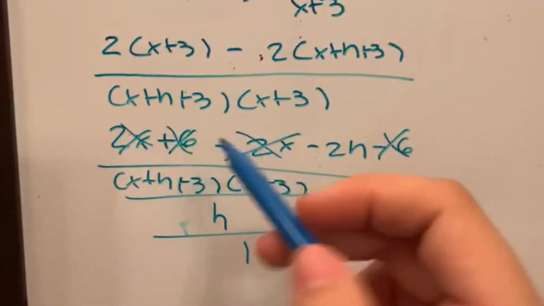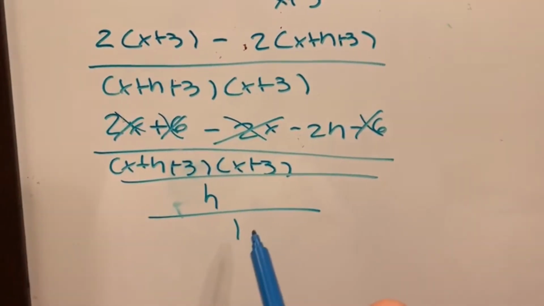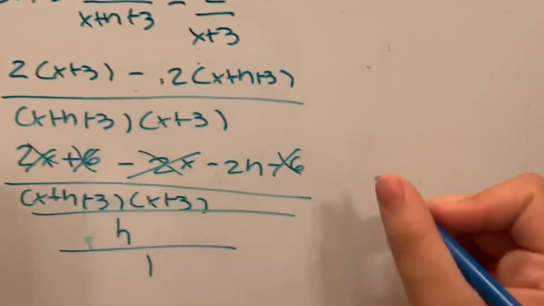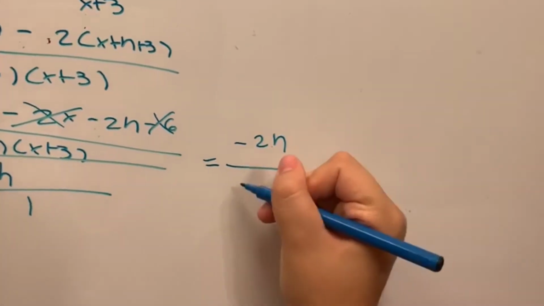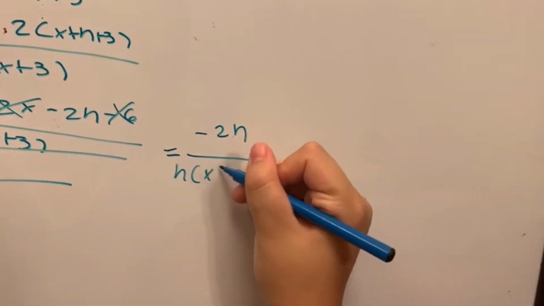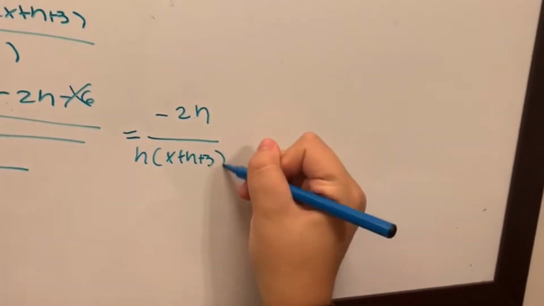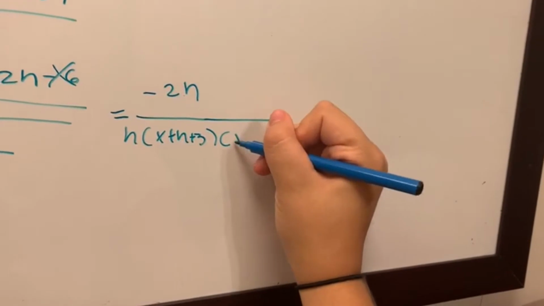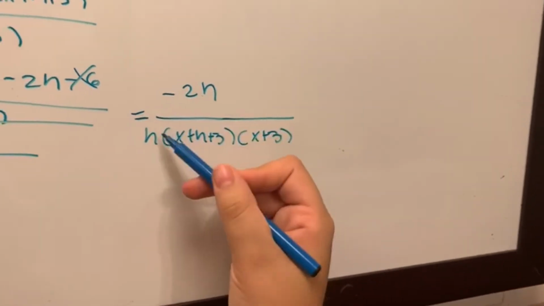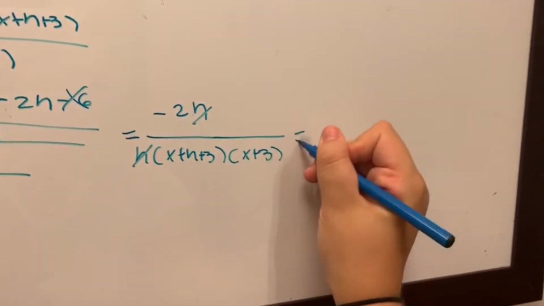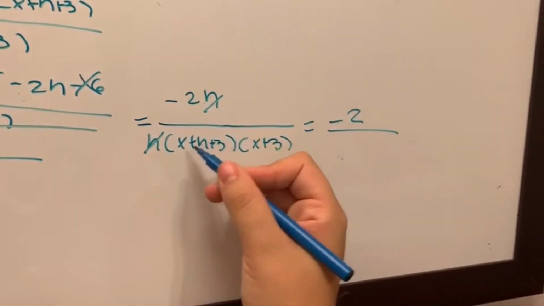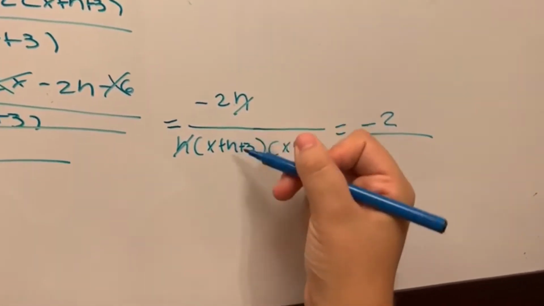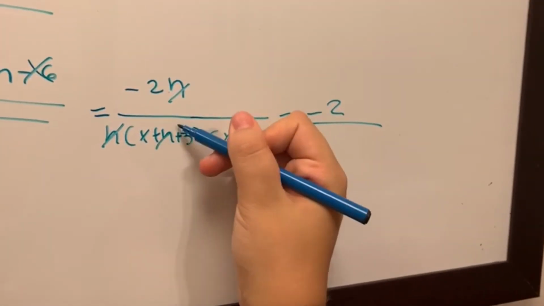Then you'll do the tortilla method, which is this times this on the top and this times this on the bottom, which will give you minus 2h over h times x plus h plus 3 times x plus 3. Then you can cross out these h's and you will have minus 2 over, also all h's below or above will become 0.